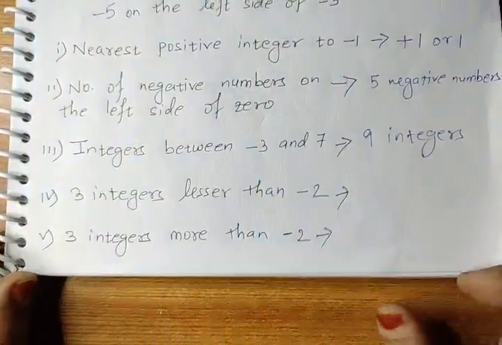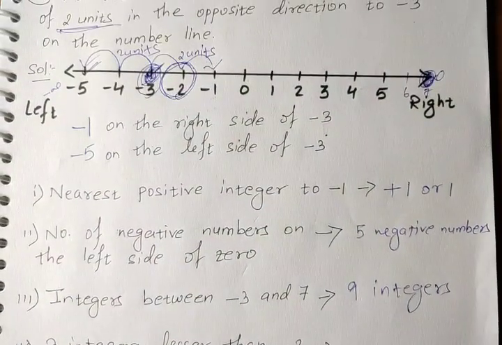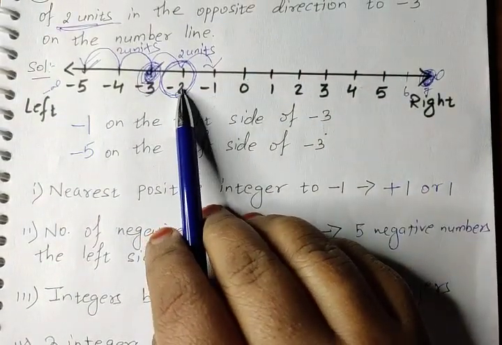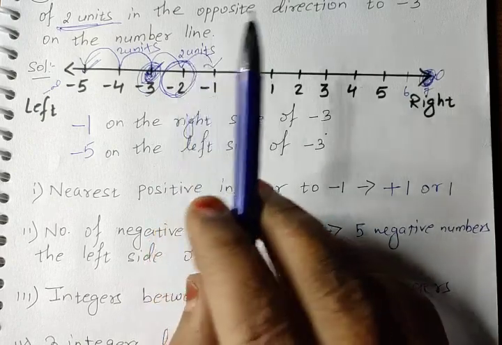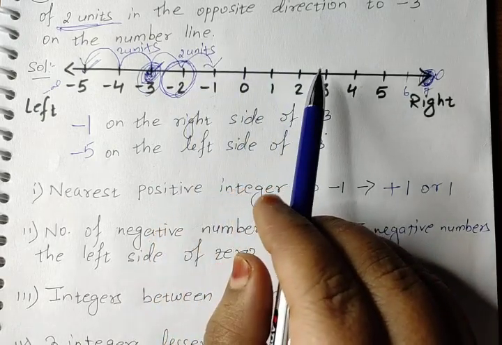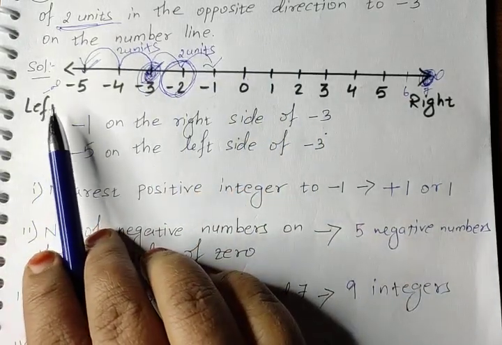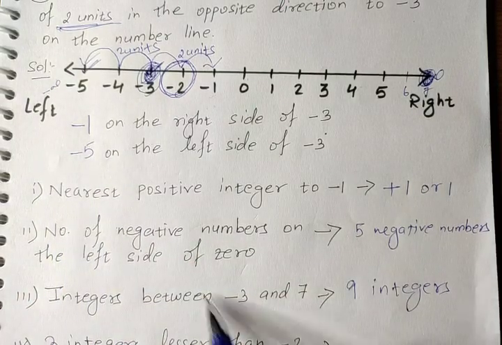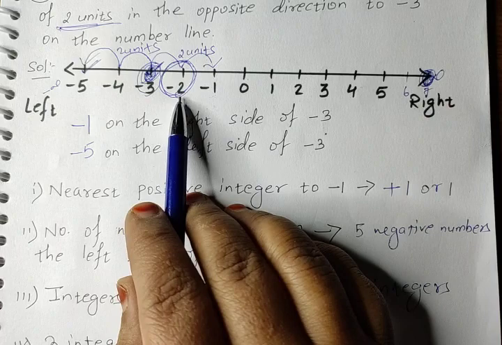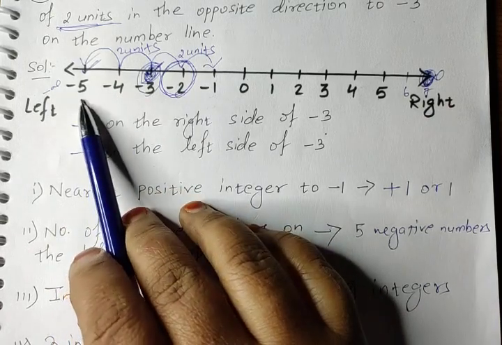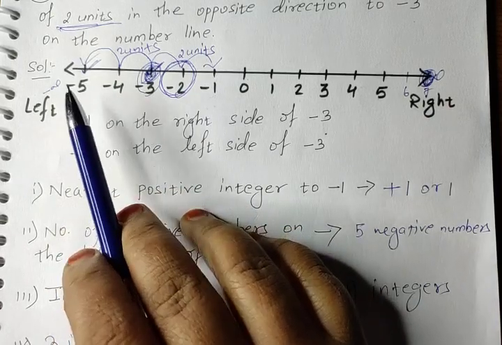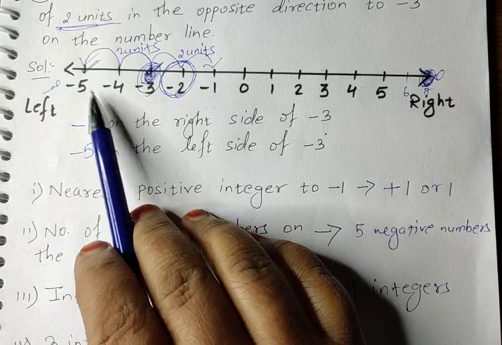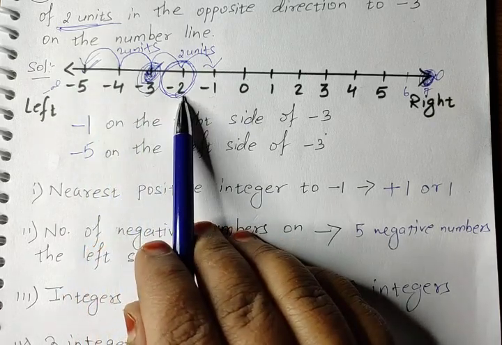Now children, right side when we go, value increases. Left side when we go, value decreases. You have to write 3 integers whose values are less than minus 2. Means you have to go which side? Left side, because left side numbers are less than minus 2.